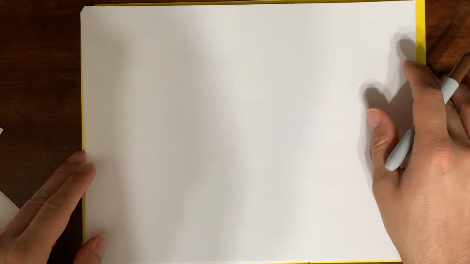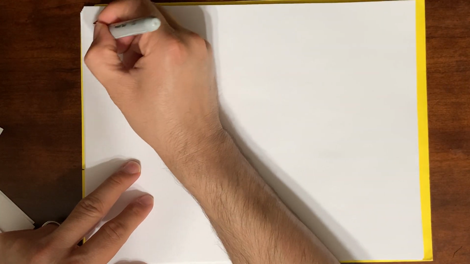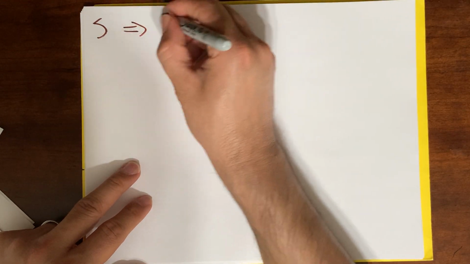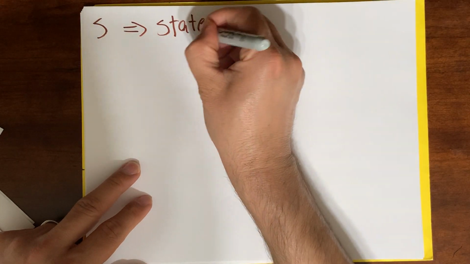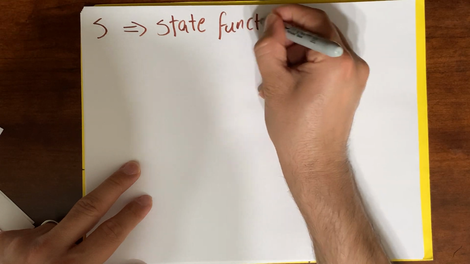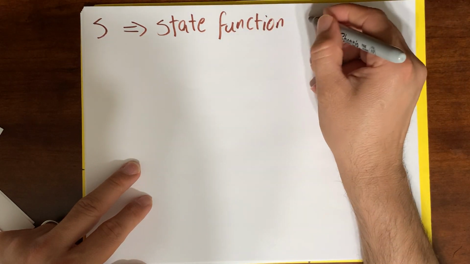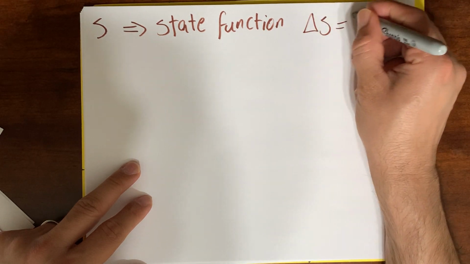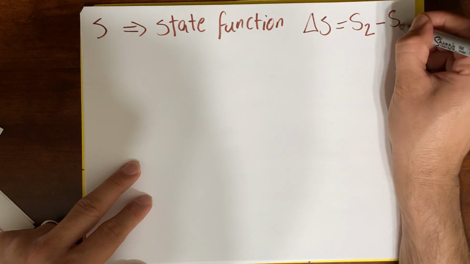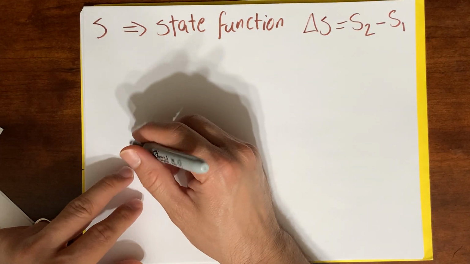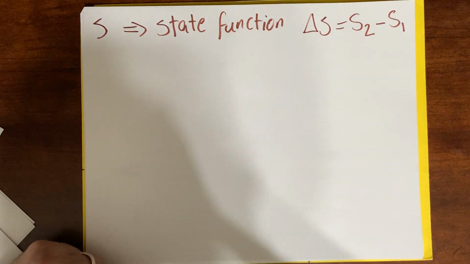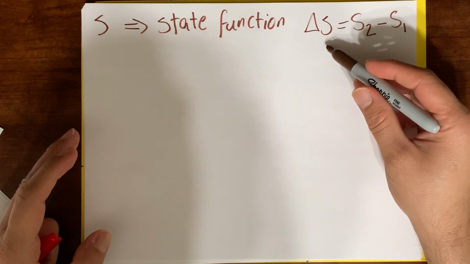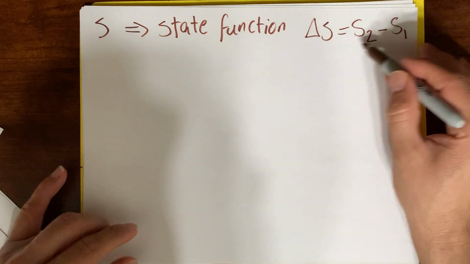So at the beginning, I said S, or entropy, is a state function. If that's true, then we should say change in entropy is going to be equal to entropy of the final point minus entropy of the initial point. So I should be able to calculate change in entropy under standard condition by using this fact.